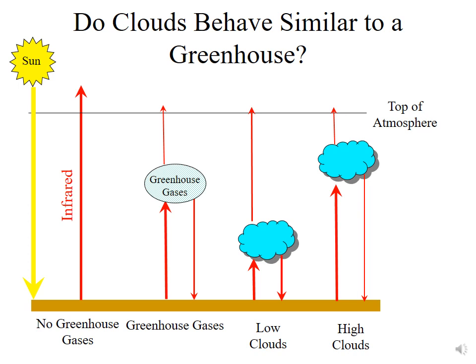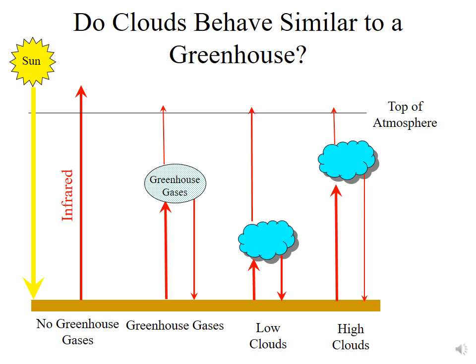For low clouds, well, these low clouds basically absorb a significant amount of radiation coming from the surface, and they warm up. And because they're at a higher temperature, they're going to be emitting a significant amount of radiation back down to the surface, but they're also going to be emitting a significant amount of radiation directly to space, because these clouds are warm clouds, because they're low down in the atmosphere near the surface.